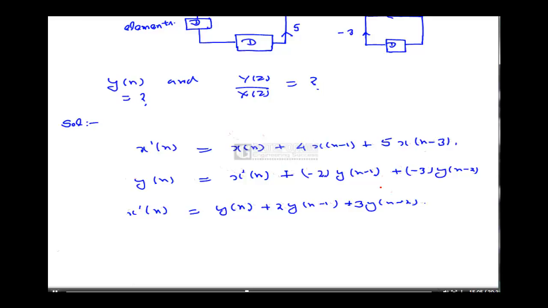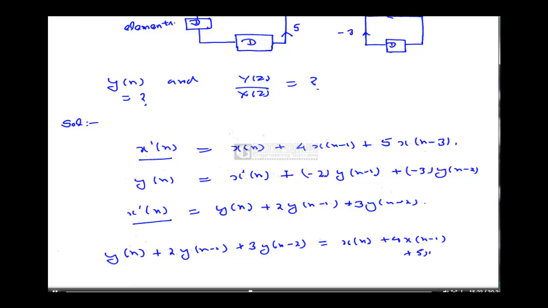Since both equal x'[n], I can write y[n] plus 2 times y[n minus 1] plus 3 times y[n minus 2] is equal to x[n] plus 4 times x[n minus 1] plus 5 times x[n minus 3]. Now I got the relationship between y[n] and x[n].